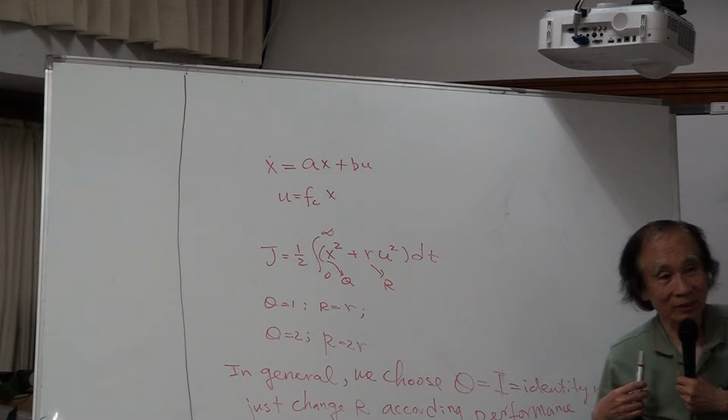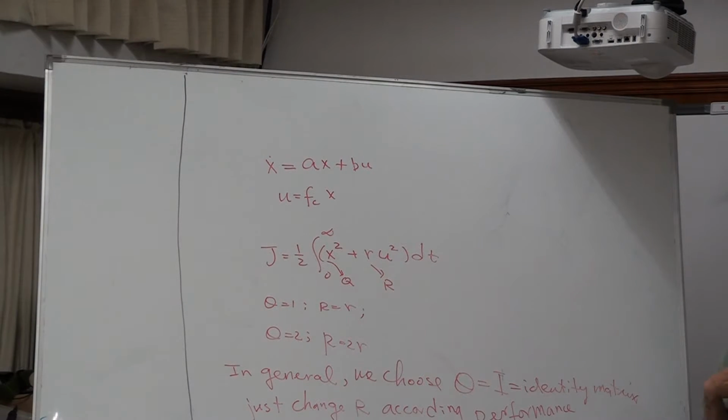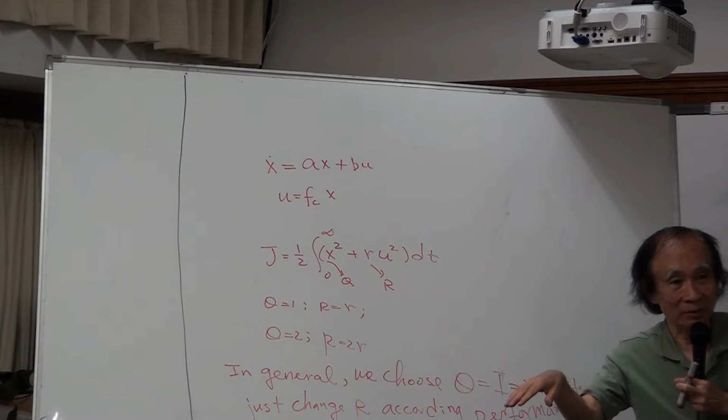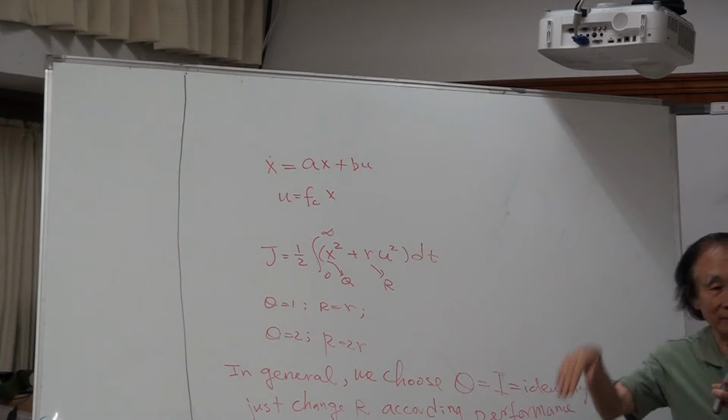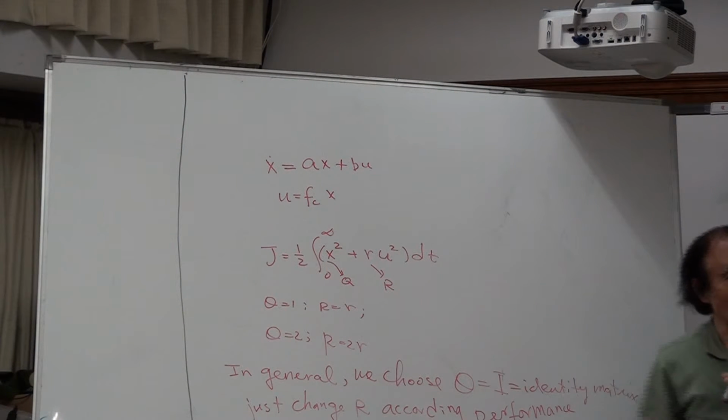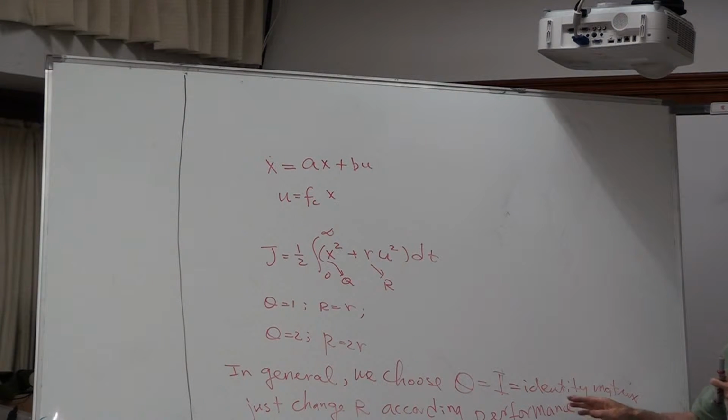So normally what we do is design the optimal control, then check our performance. If you satisfy your performance, that means you have enough damping, then you say, okay, that's the one I want. But you also have to be careful that when you get too much damping, maybe you use too much energy.